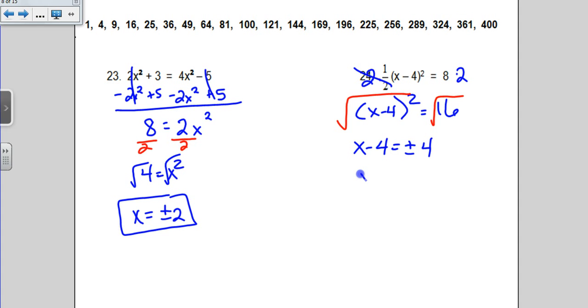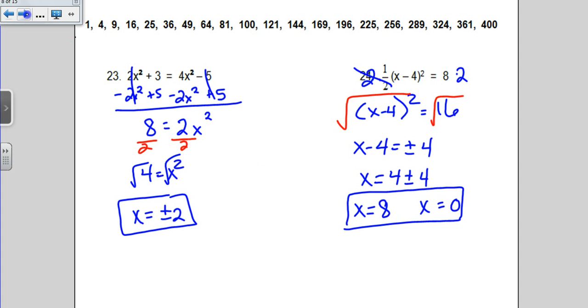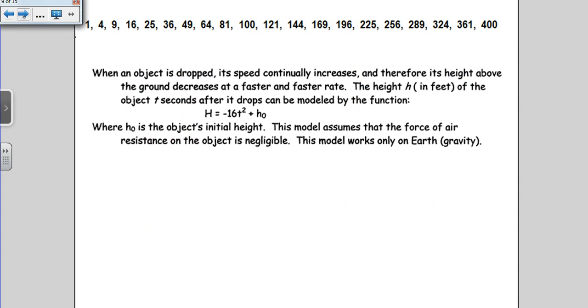Now again, I'm going to start by adding the 4 to the other side, and you can't stop there because we no longer have radicals. You need to tell me your two answers. So x equals 4 plus 4, which is 8, and x also equals 4 minus 4, which is 0. And there they are.